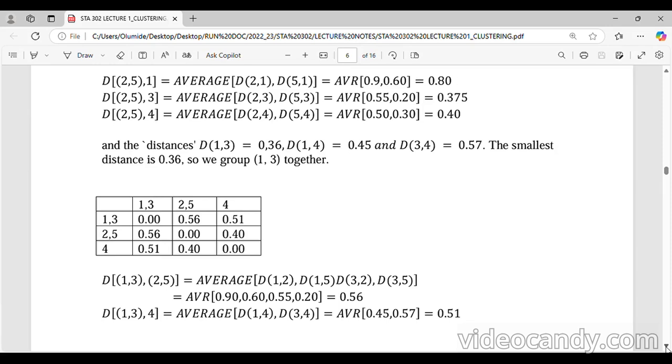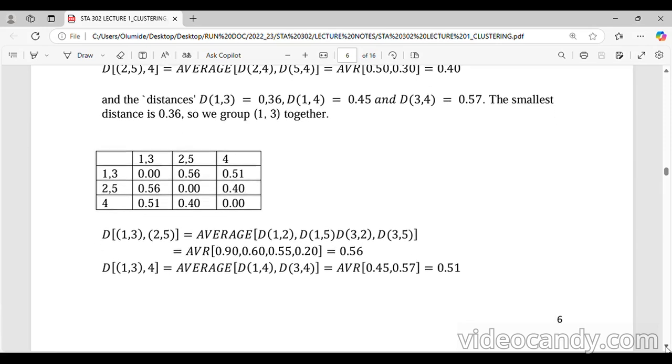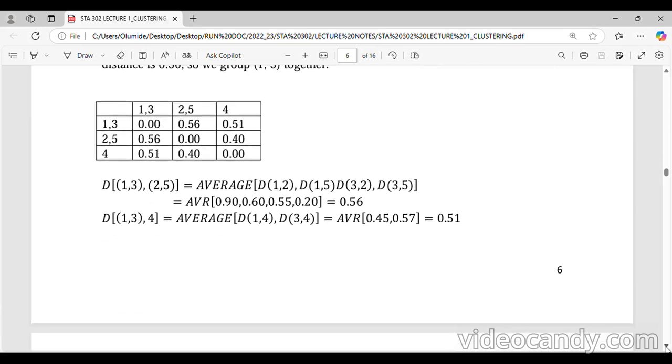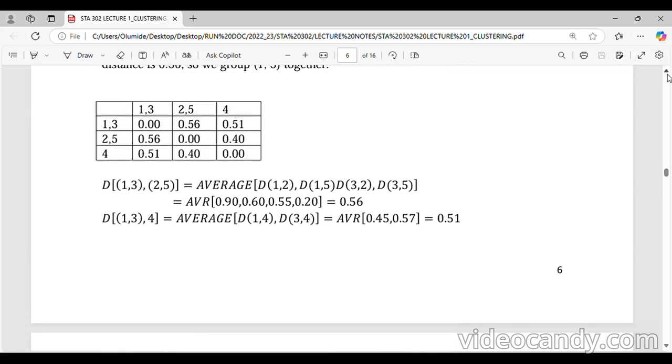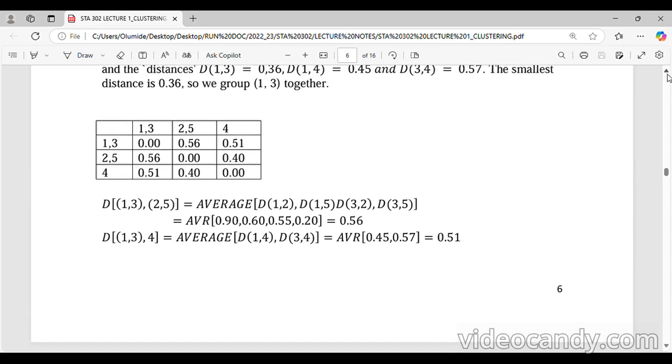Then the next one is the average distance between 1, 3 and 4. We split it into the average of the distance between 1 and 4, and 3 and 4. That gives us 0.45 and 0.57. When we average that, we have 0.51. When we look at the table, the smallest is 0.40.